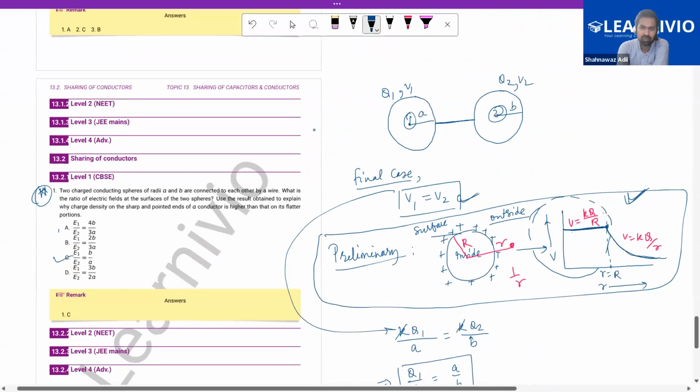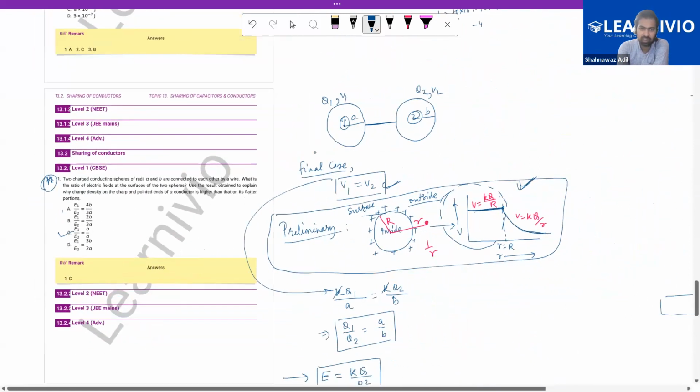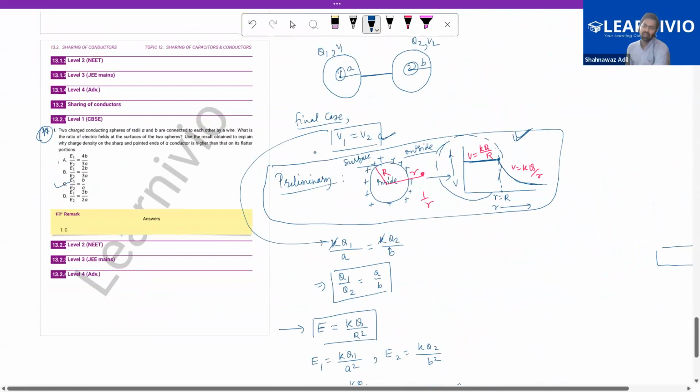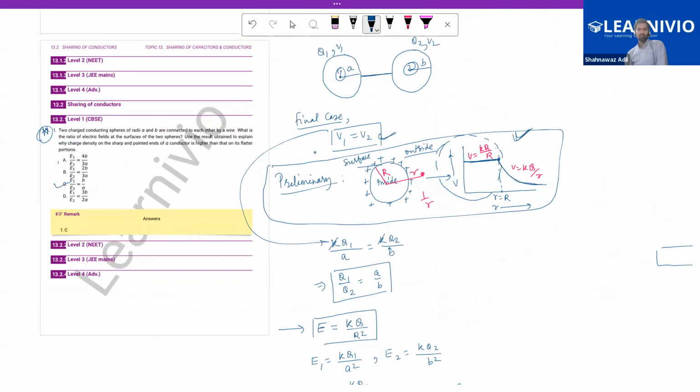Yeah, if it is clear, then please note it down. So that will complete this chapter. Please note it down, and then we'll start the next step.